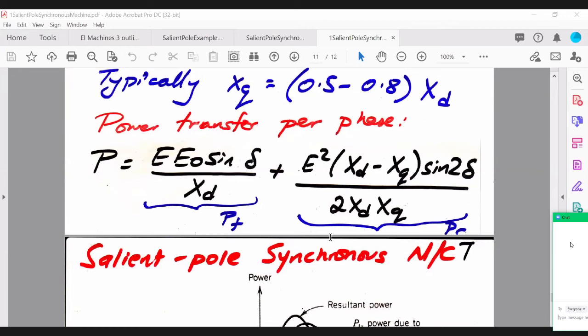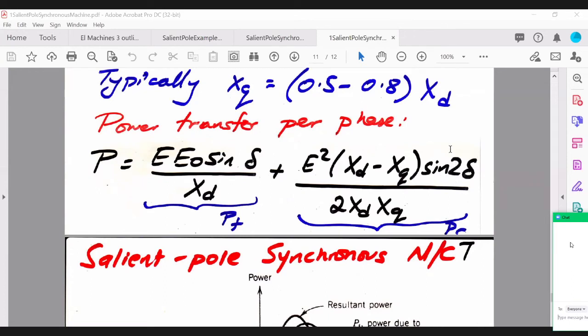As I explained in the previous lecture, the frequency of your saliency effect is twice that of the cylindrical rotor, and that's why you now have sine 2 delta instead of sine delta, because the frequency of that sinusoidal flux in the air gap, as we showed in the previous slide, was twice.